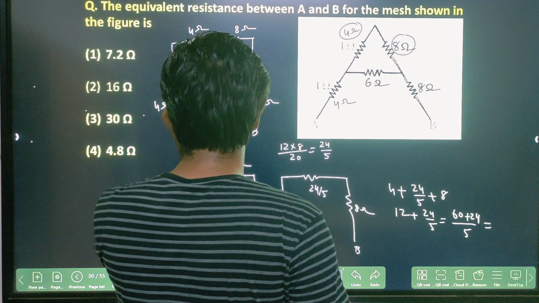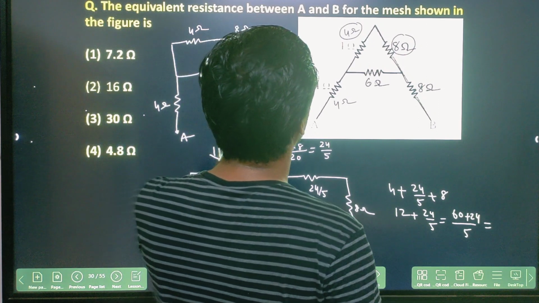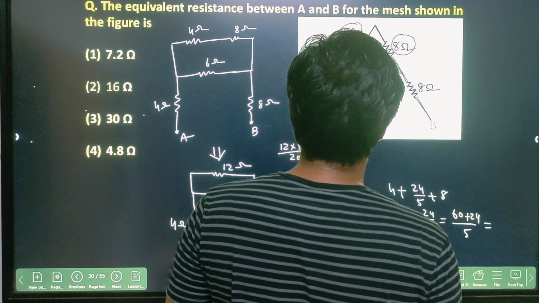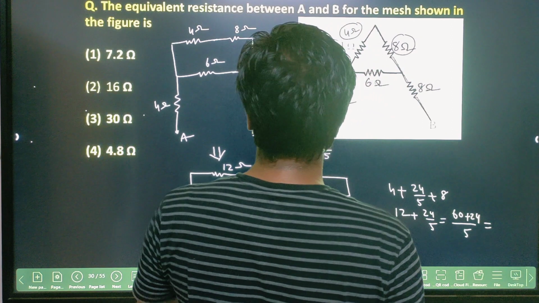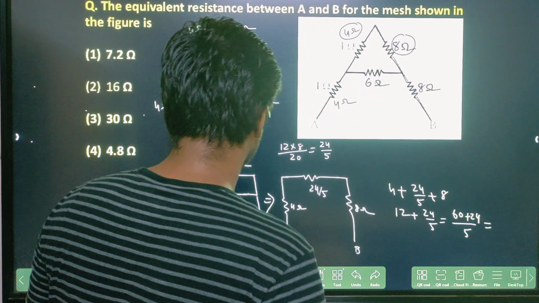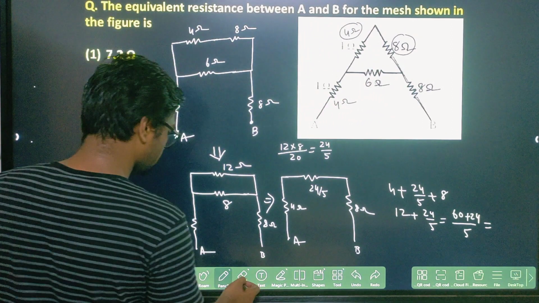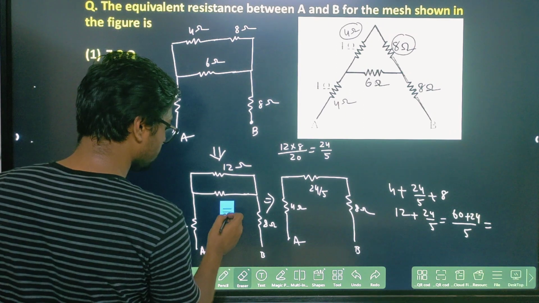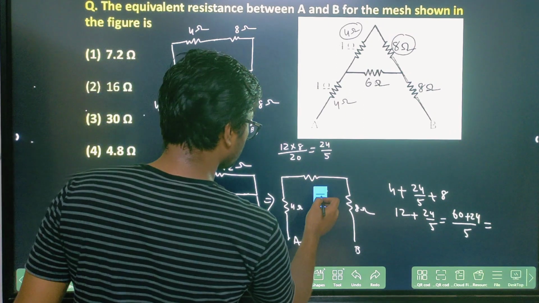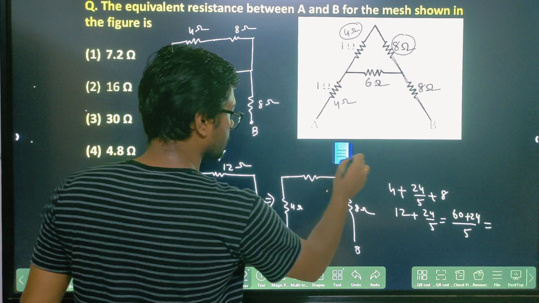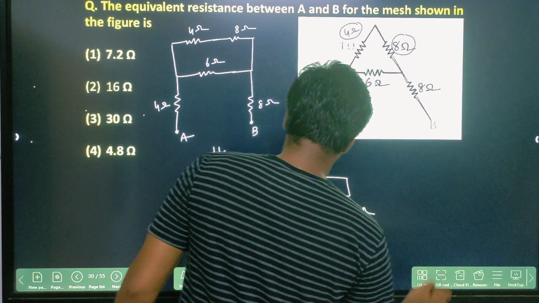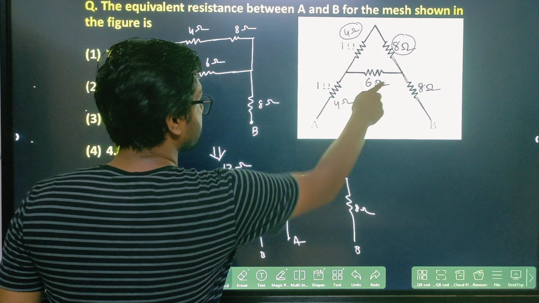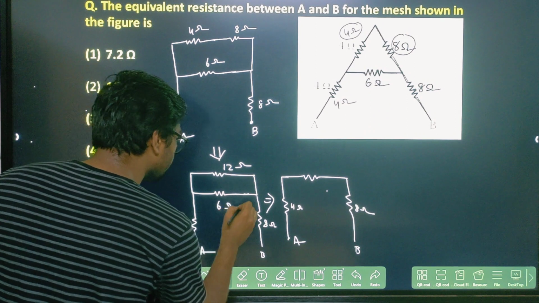Something we did mistake. Oh, this is 6 ohm, isn't it? We made a mistake here, sorry. This is 6 ohm, not the 8 ohm one.